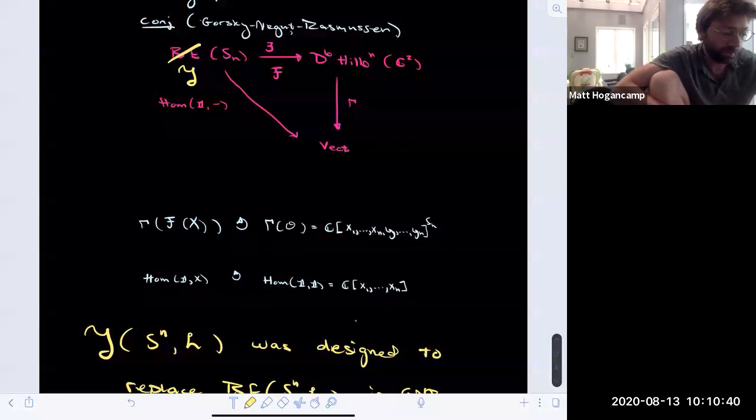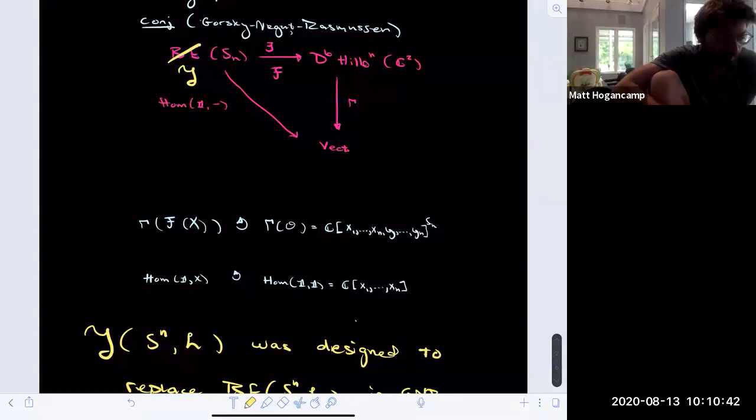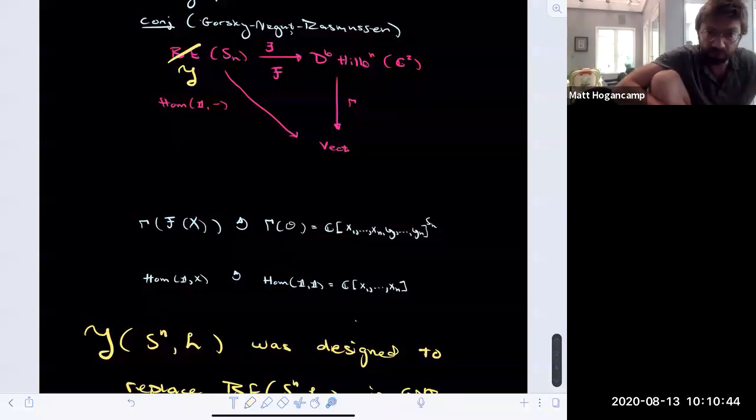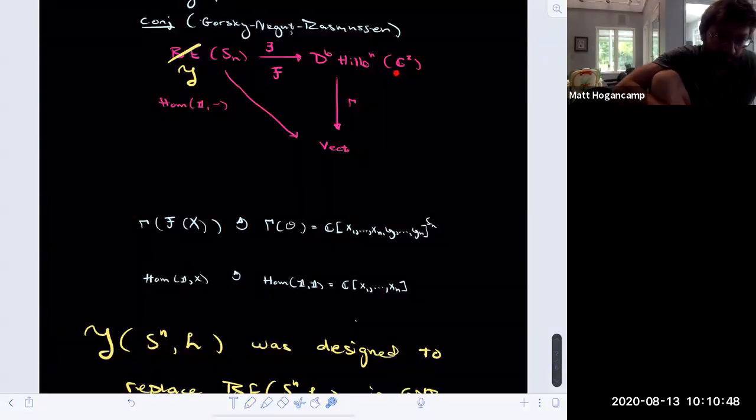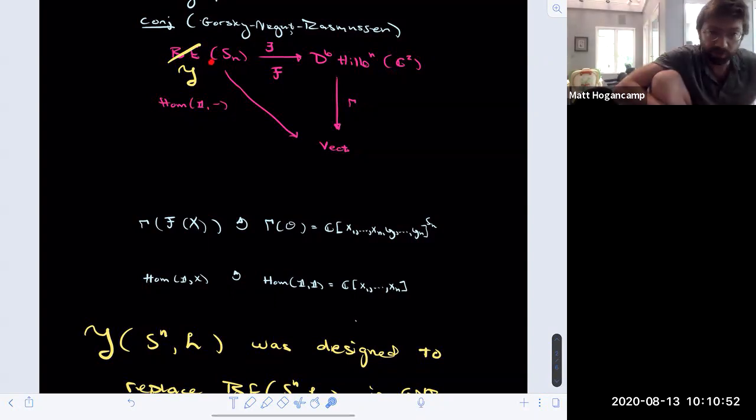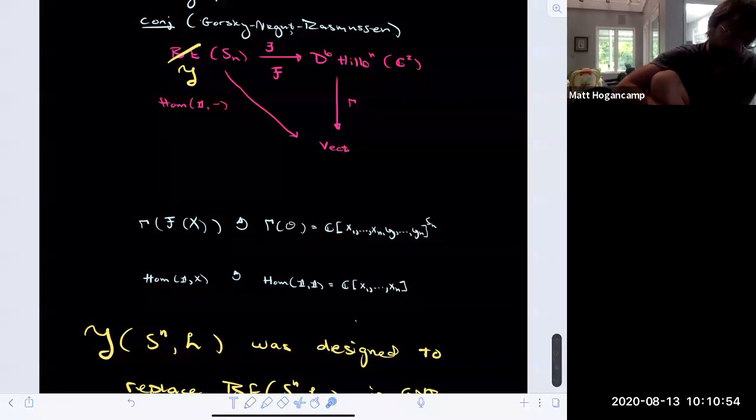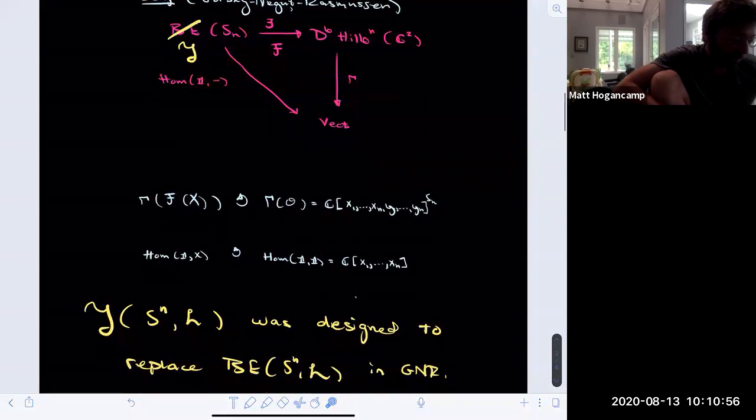One way is to restrict the right hand side to sheaves supported on the x-axis. And the other way is to enhance the left-hand side to include things away from the x-axis, roughly speaking. Okay, so this is all just motivation.